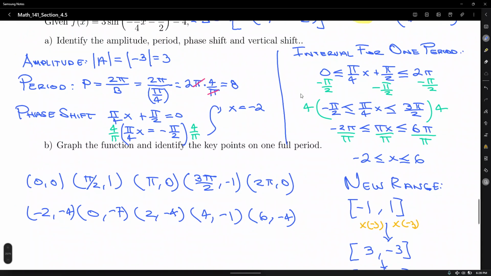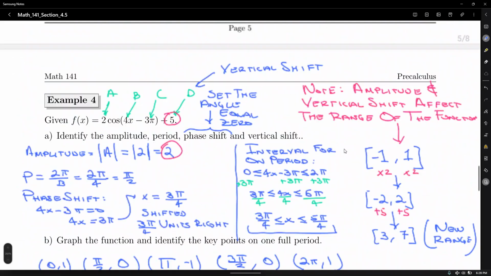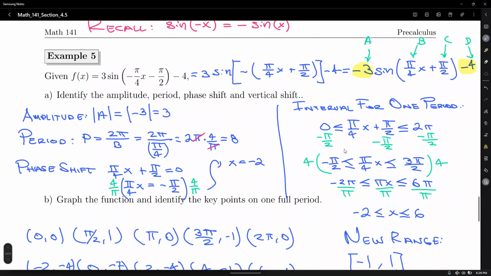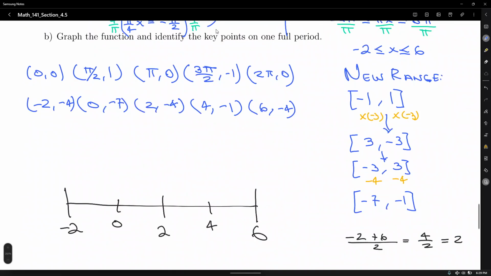Even though we are not required to find this interval for one period, I highly encourage you to write it down so you can see the window where you will see that one period. That was the previous example, which required quite a bit of work. So this is the end of the video for graphing sine and cosine functions and all of their transformations.